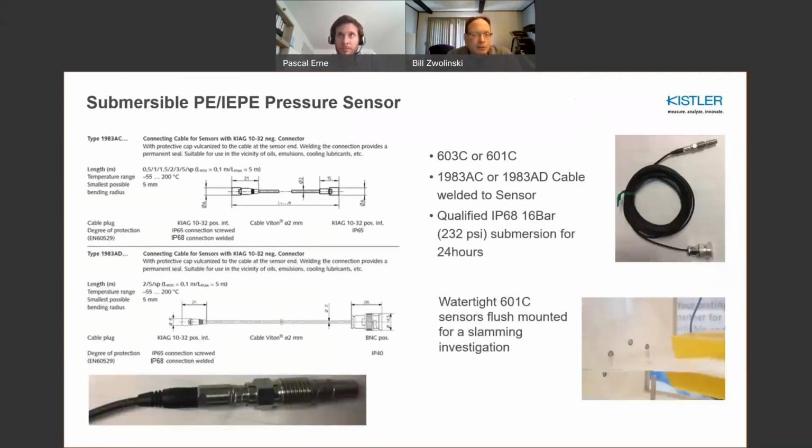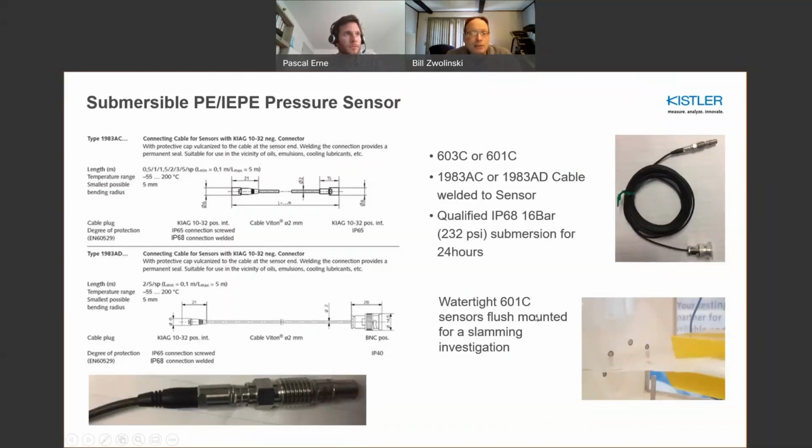In terms of submersibility of this technology, certainly the piezoelectric and IEPE has a welded cable solution, which can basically get down to 16 bar or 232 psi capability. So it's all IP68 rated.